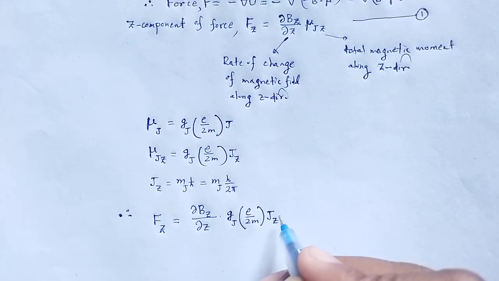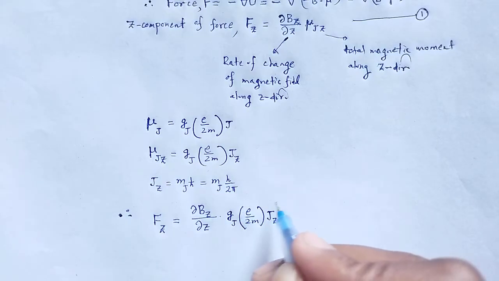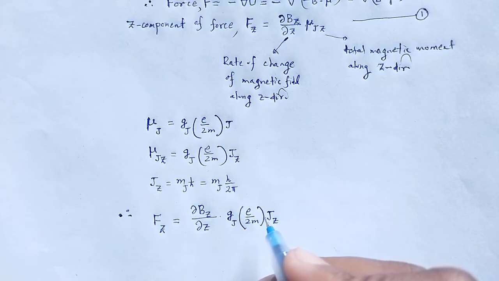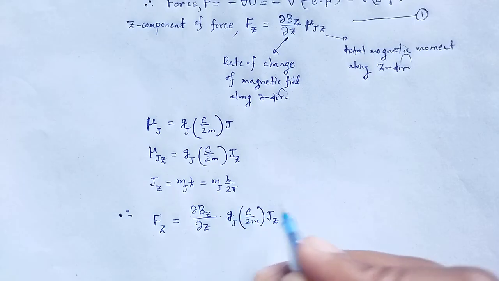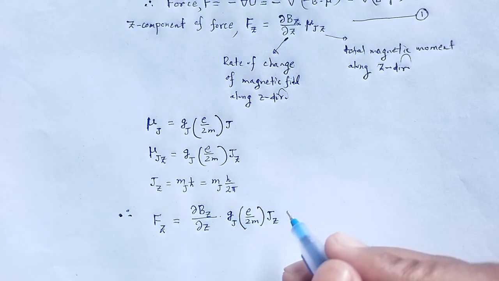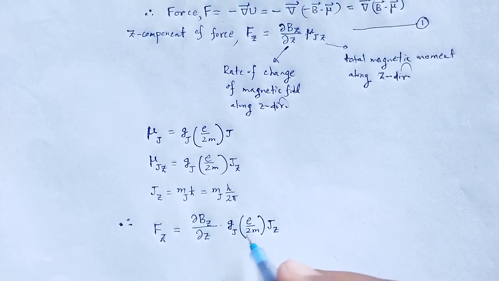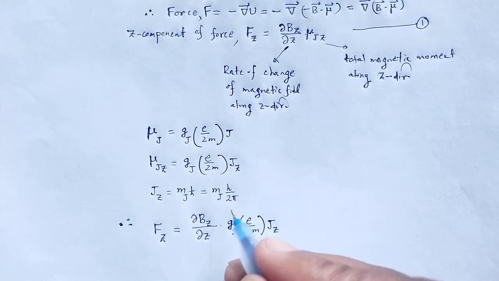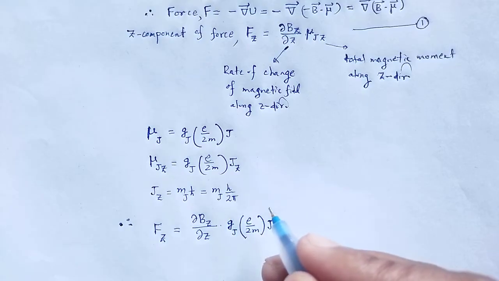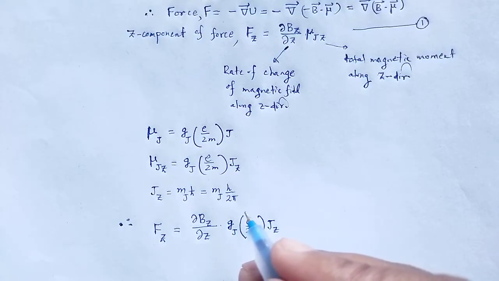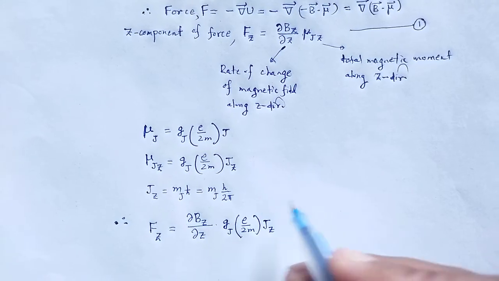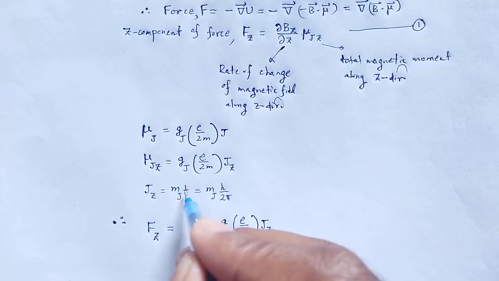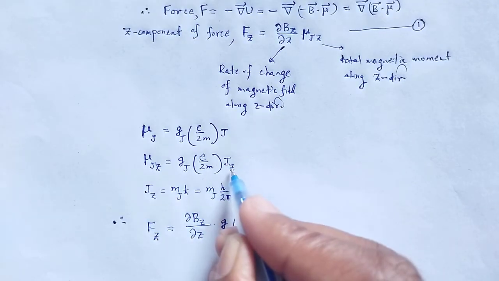The value of jz again put, that is mj h by 2 pi.